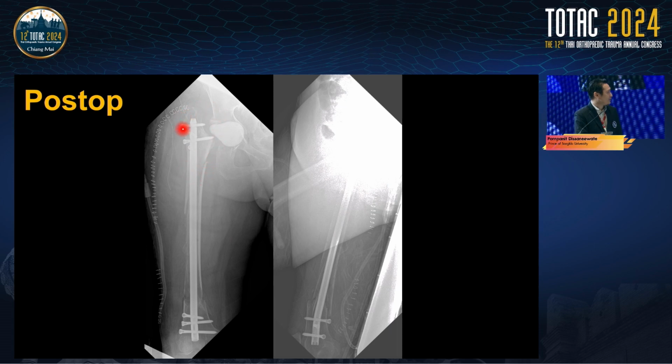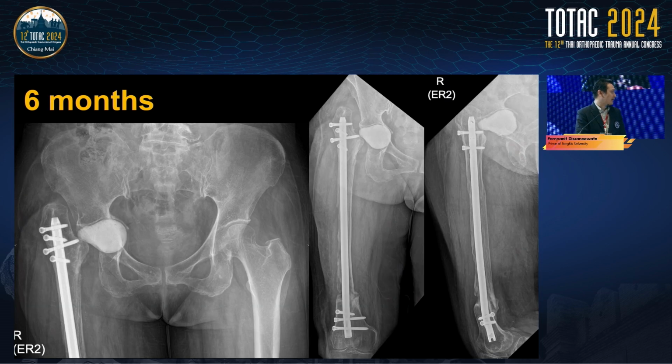So we had to fix it at the GT, at the trochanter area, and we put cement at the femoral head, and we also treated her for osteoporosis.